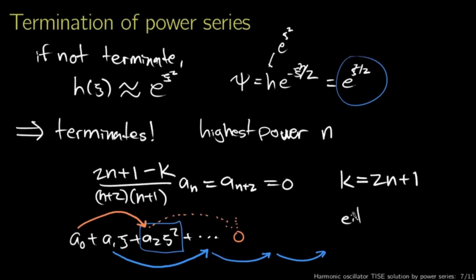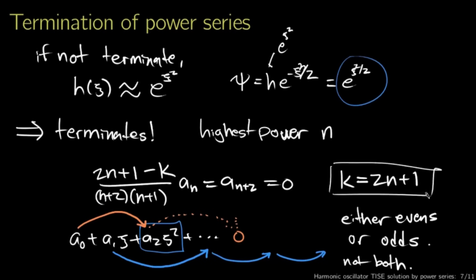So either we have evens or we have odds, not both. So there's some limits on our power series that we get from this requirement of normalization. We have a condition here on k, and we have a condition on, depending on where we want to terminate our power series, what other terms we're allowed to have.